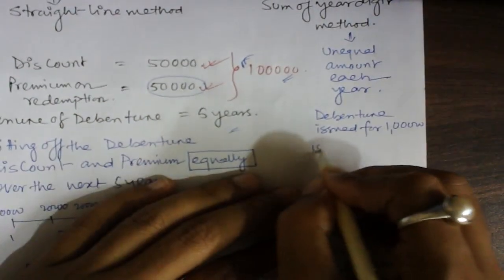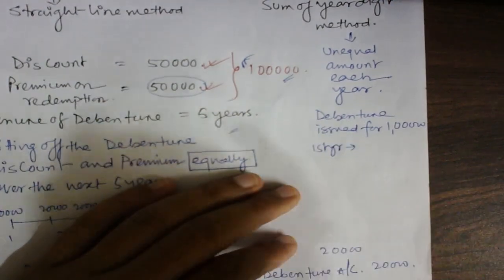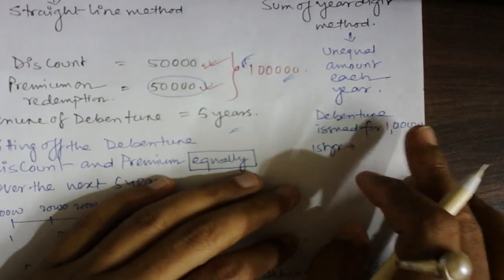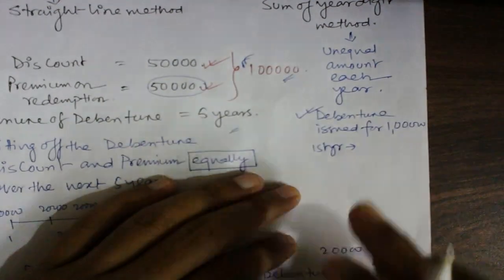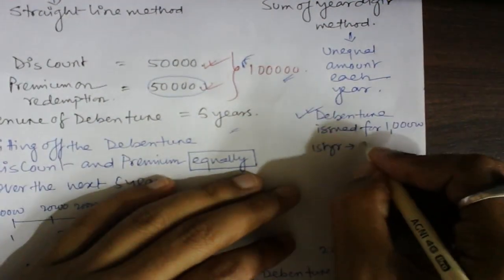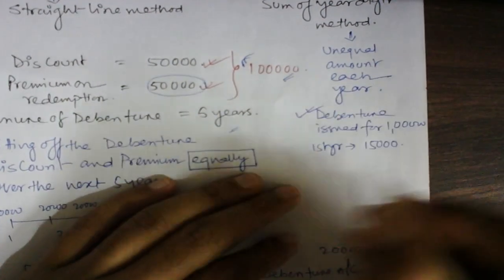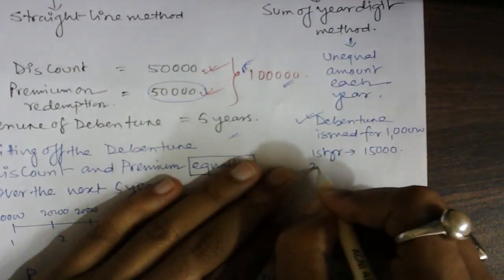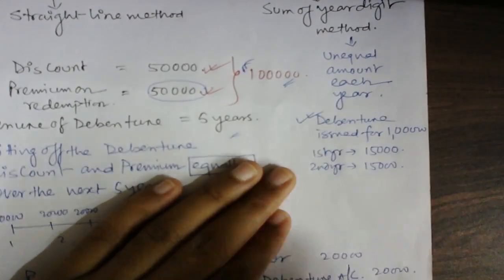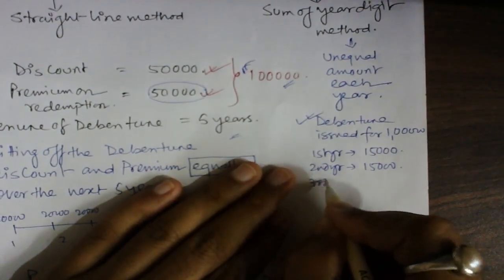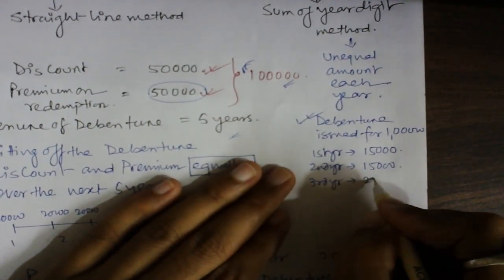First year you have repaid because obviously you have raised the money from the debenture holder, and now you wanted to repay them. Let's say in the very first year you repaid them 15,000. Okay sir, no problem. Second year you again repaid them 15,000 more. Okay sir. Third year you repaid them 20,000. Okay sir.